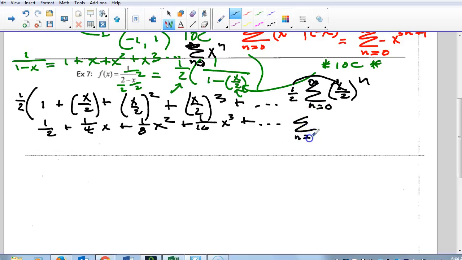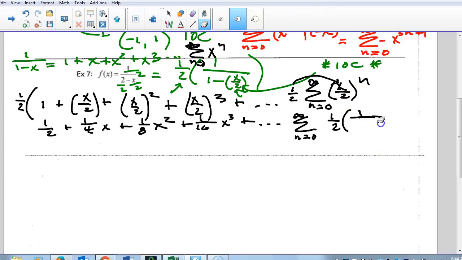So n equals 0. I'm going to put them right next to each other and then we'll discuss what's going on. If I've got 1/2 times 1 over 2 to the n, it's supposed to be an x.